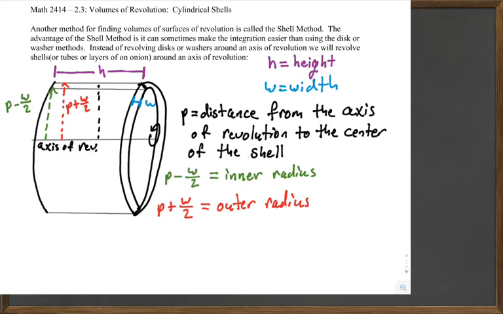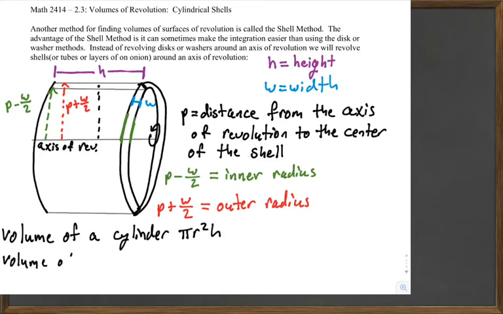You take your outer cylinder volume and subtract from it the inner cylinder volume, and that'll give us the volume of that shell. For our reference, the volume of a cylinder is pi r squared h.